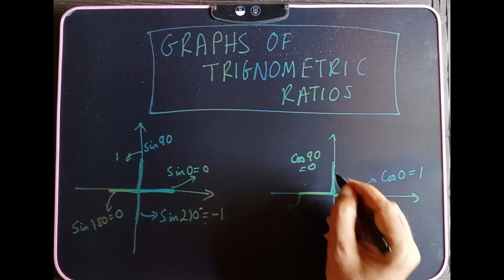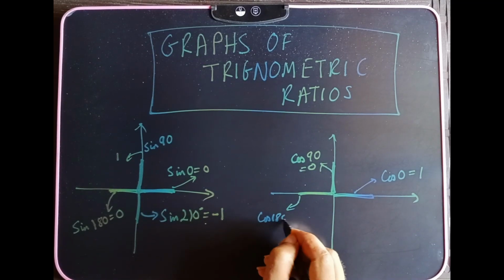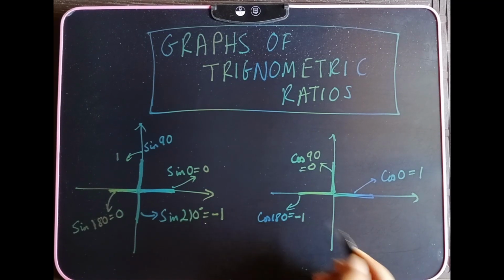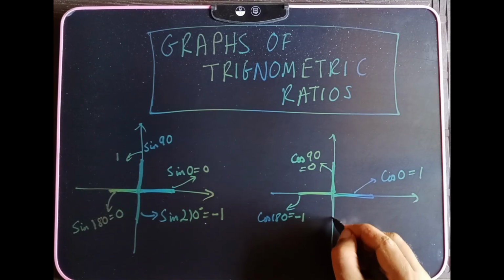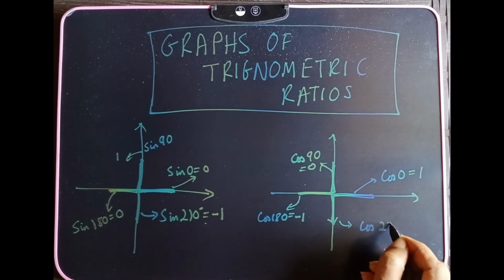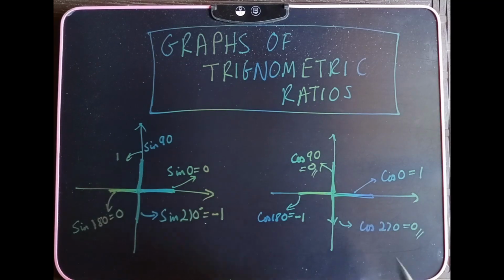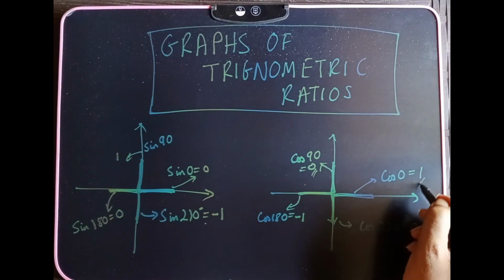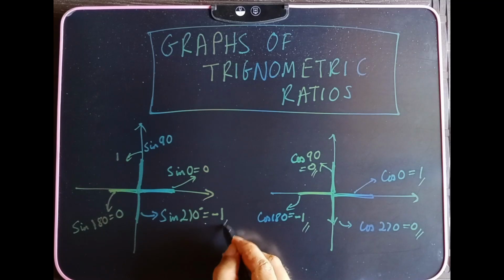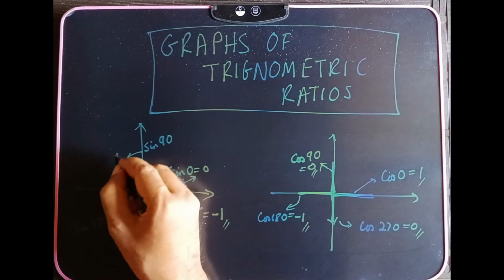Cos of 180 is minus 1, right? And cos of 270 is 0. So if you see here, there's no point of writing plus or minus 0, 0 is 0. And 1 changes to minus 1, minus 1 to 1.